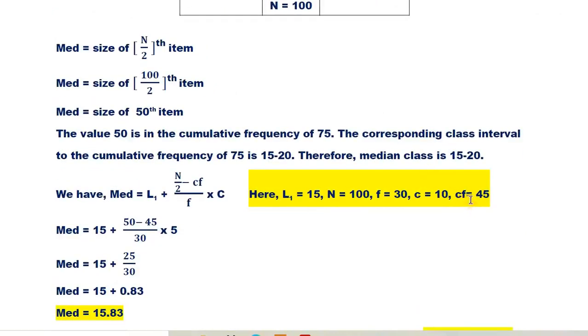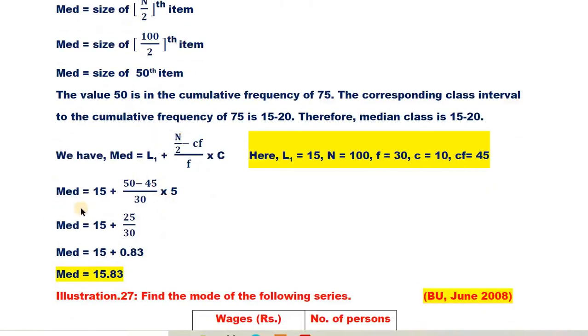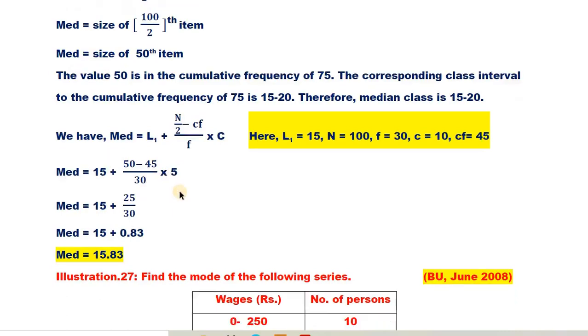And CF is 45. Now substitute the values in the formula. L1 is 15, n by 2 is 50 minus 45, the cumulative frequency preceding the median class interval, divided by 30, the simple frequency. The width of the class interval is 5.